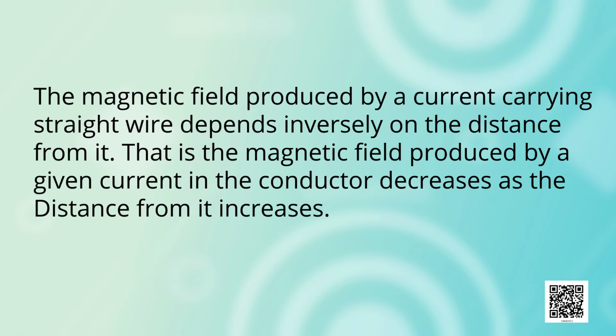We know that the magnetic field produced by a current carrying straight wire depends inversely on the distance from it. That is, the magnetic field produced by a given current in the conductor decreases as the distance from it increases.